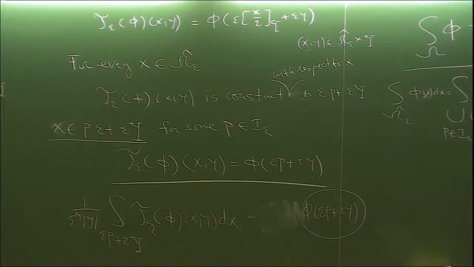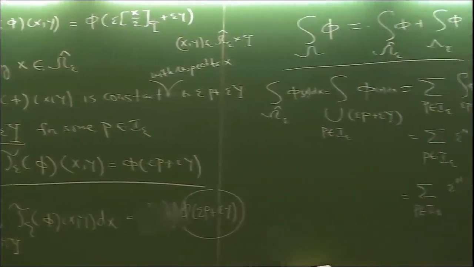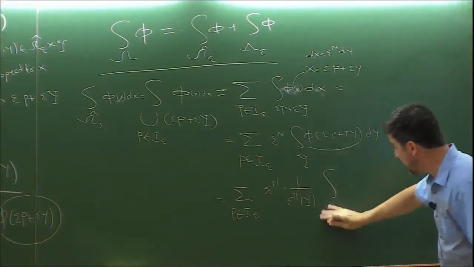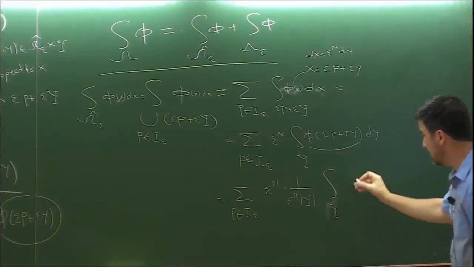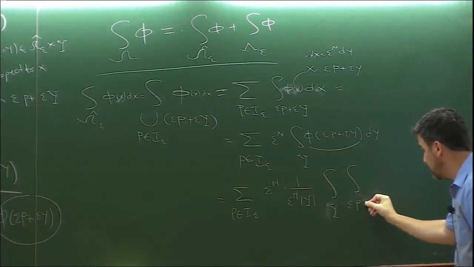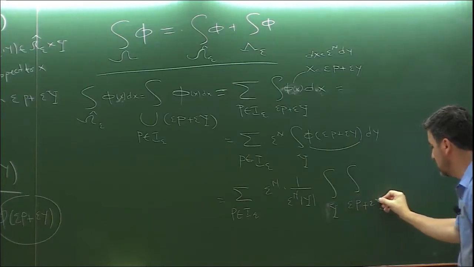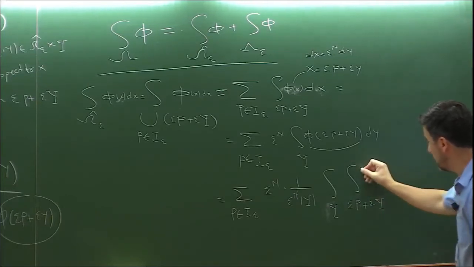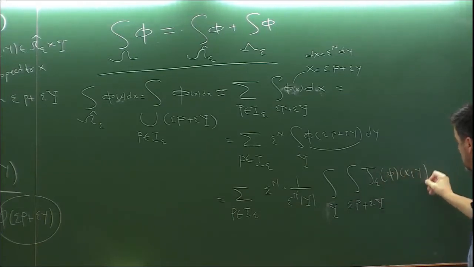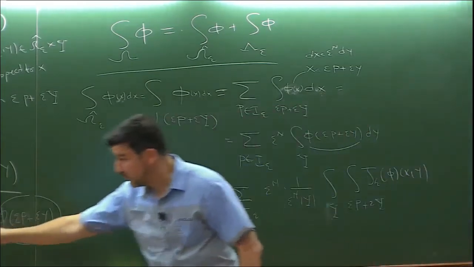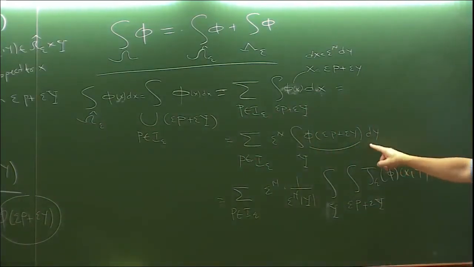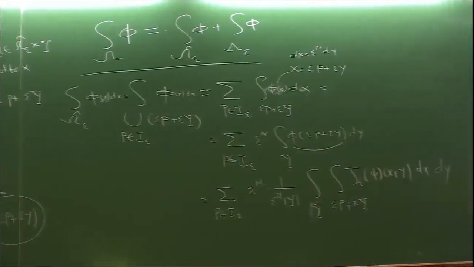So I have integral with respect to y first, then integral of the unfolded on epsilon p plus epsilon y. This integral here is with respect to x, the first one. The second one was with respect to y. Okay?